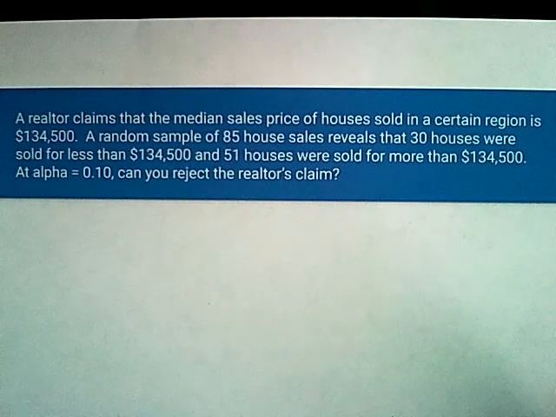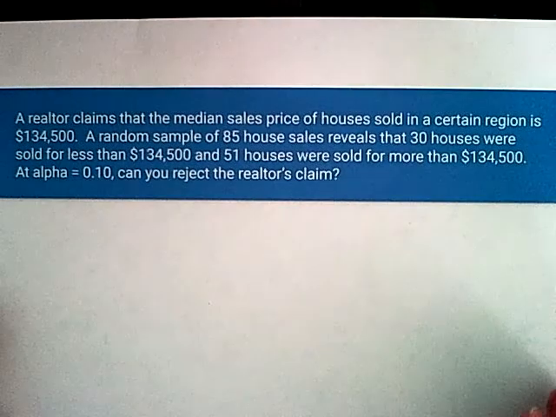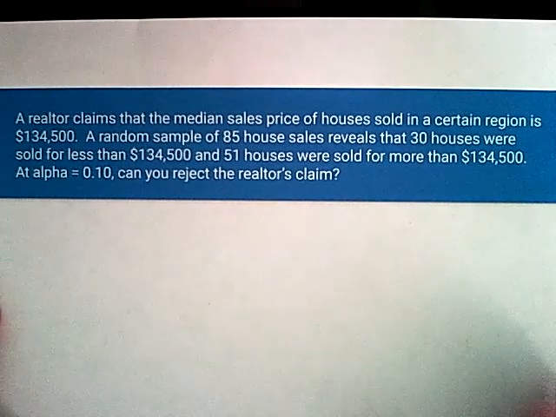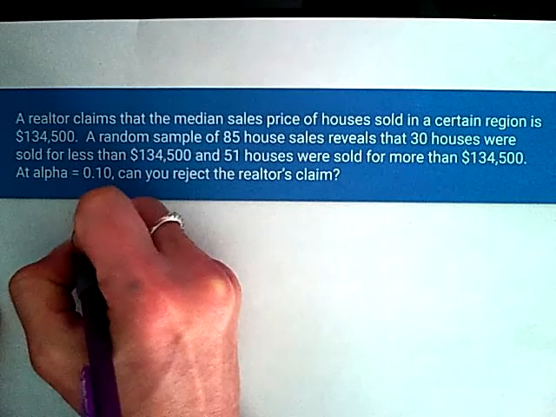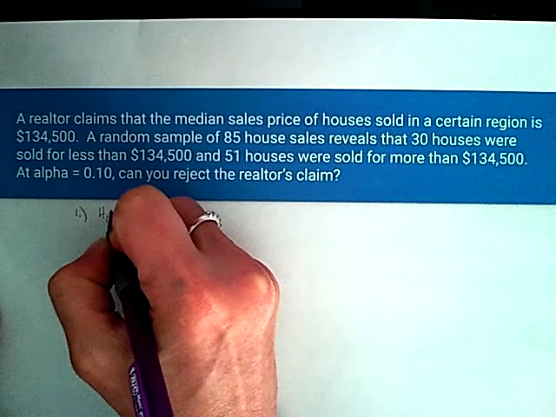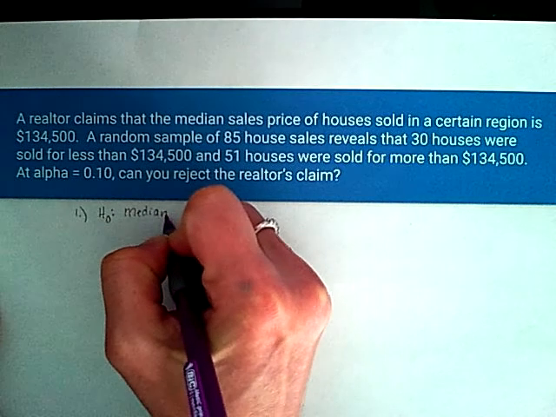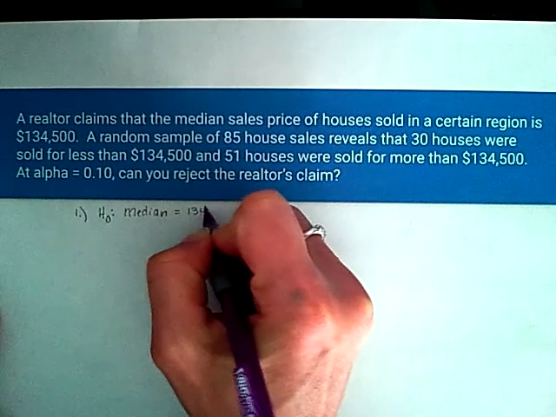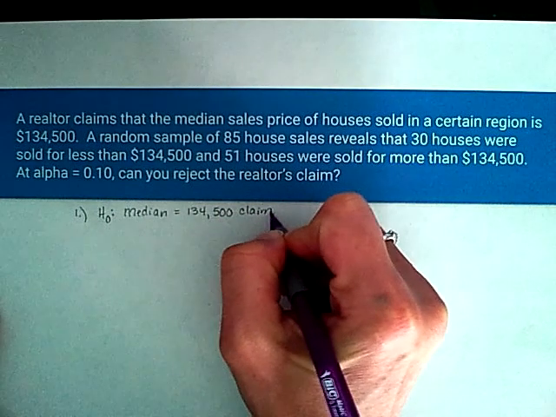So this is a realtor claims that the median sales prices of houses sold in a certain region is 134,500. Because it is 134,500, that is going to go in our null hypothesis. So my null hypothesis is going to say that my median is equal to 134,500, and that is our claim.